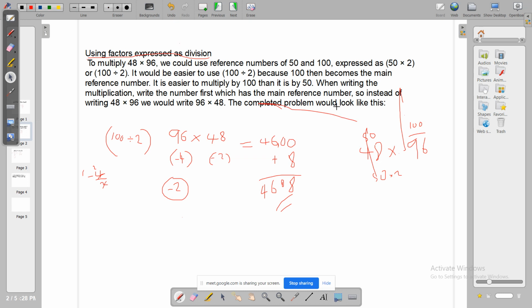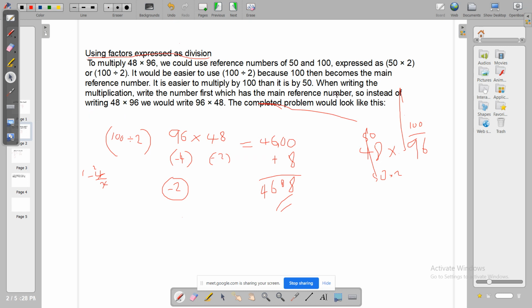So if 100 is going to be my main reference number, then I have to change the question. Instead of 48 times this, your main reference number should always be first.